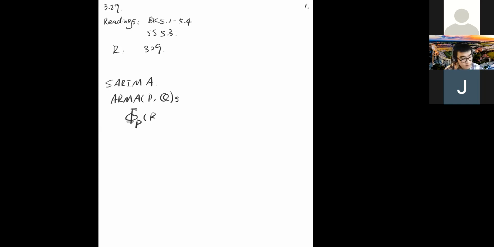Phi_P(B^S) X_t equal to Theta_Q(B^S) W_t. Okay, so this is our model. And Phi_P is a sequence of back shifters.